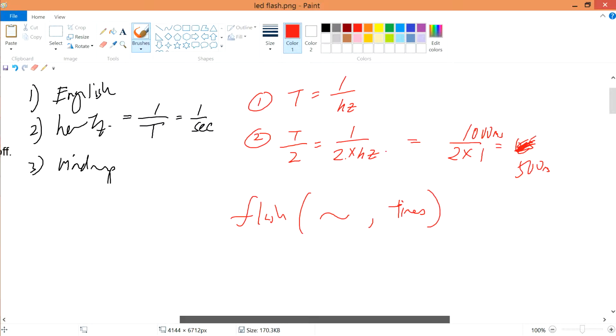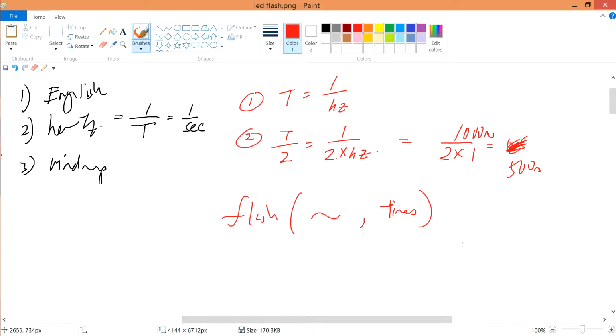So over here this tells us, for one period, this is 500 millisecond on, and this is 500 millisecond off. So this is only one flash. One flash, it's 500 millisecond.